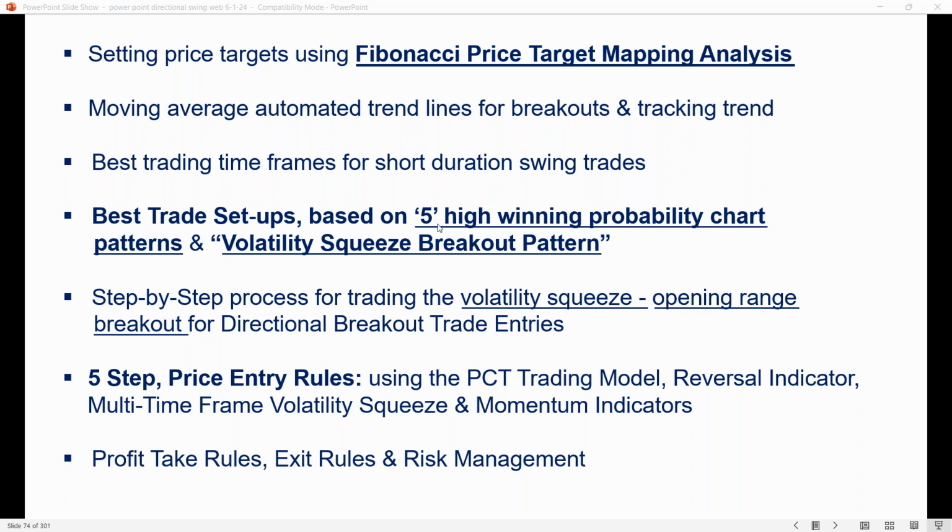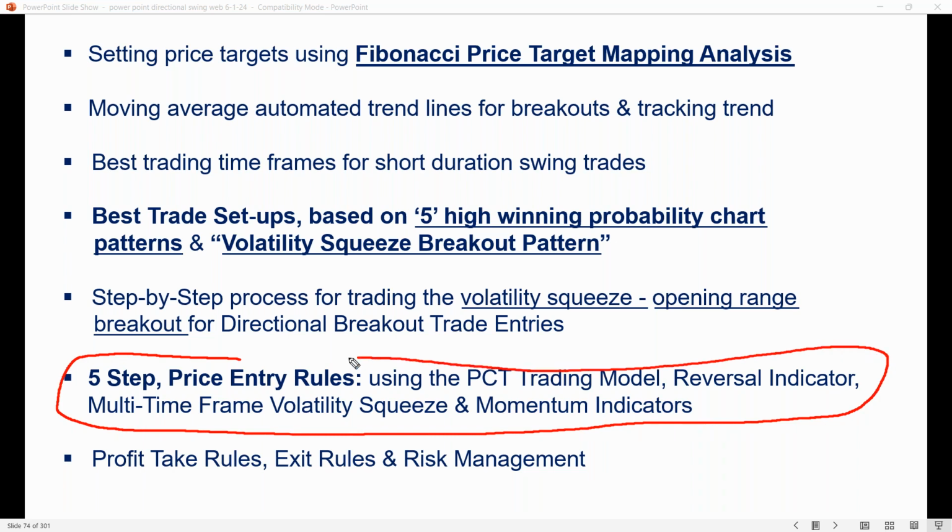And then we'll go through all the various 5 high winning probability chart patterns with that volatility squeeze. So, the step-by-step process for using the volatility squeeze, the opening range breakout for setting these trades up for breakouts. And then the course takes you through a very specific 5-step rule set that I use for doing any of these trades.